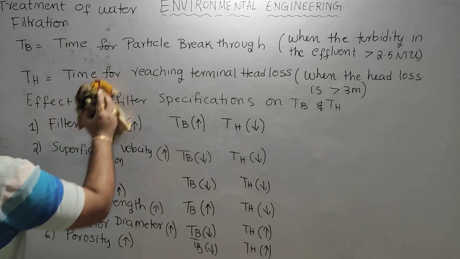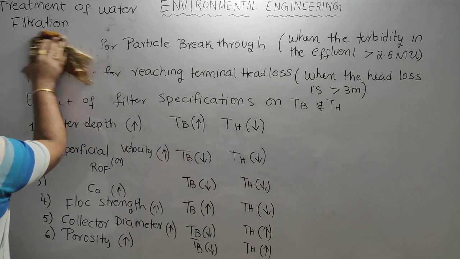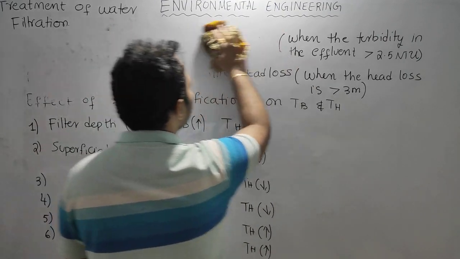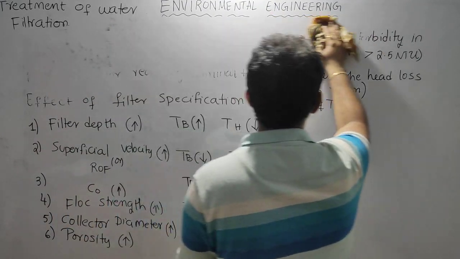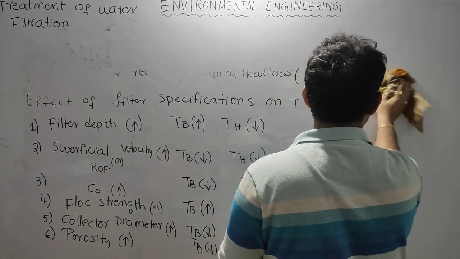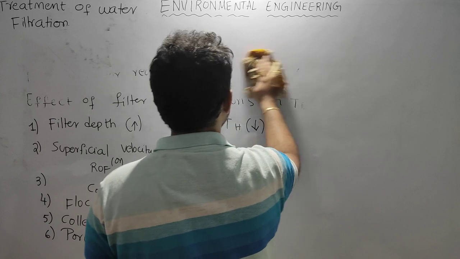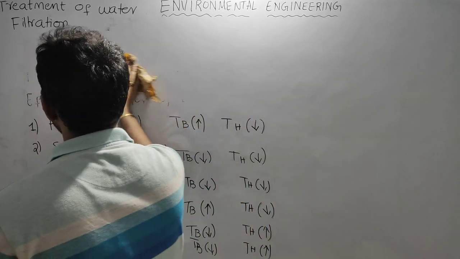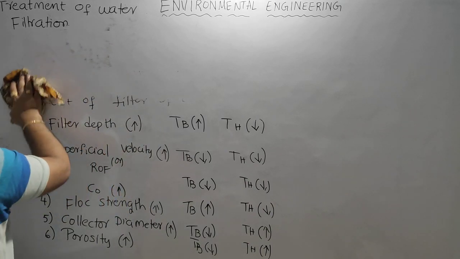Next is operation troubles of filter. When we are using a filter, what kind of troubles will we face, and what are the remedies for those troubles? Generally, 99% of the troubles arise due to improper maintenance of the filter.